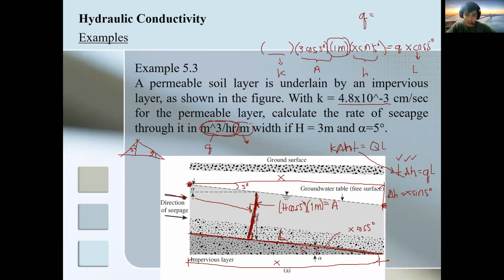This means per meter here. You circle this carefully. The 1 meter is kept there so that it remains in your final answer, because if you multiply the per meter here, it becomes meter to the power of 4, right? So the per meter, for example, let's say you get the answer 3.2 cubic meter per hour per meter.